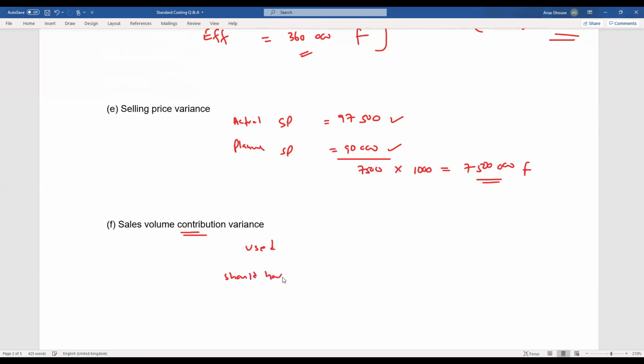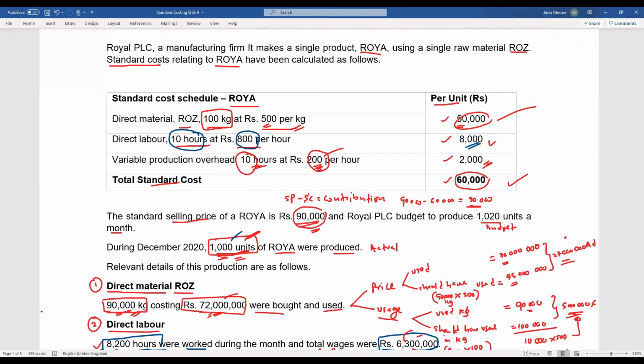Okay, now the volume variance: how much we should have sold and how much we sold. We sold 1,000 units. Our plan was to sell 1,020. So therefore 20 is the difference times our budgeted contribution per unit of 30,000, that we calculated because our plan was to sell at 90 and our standard cost was 60.